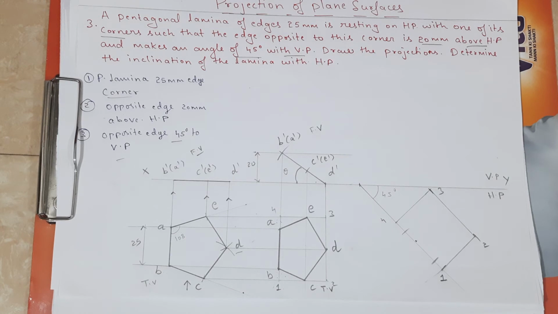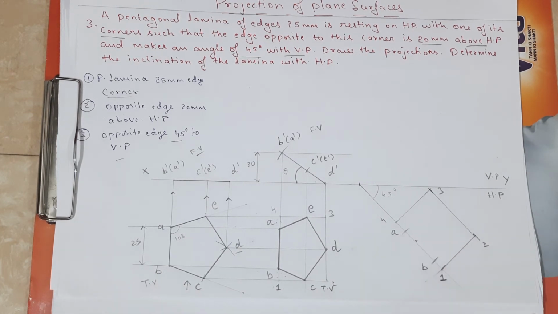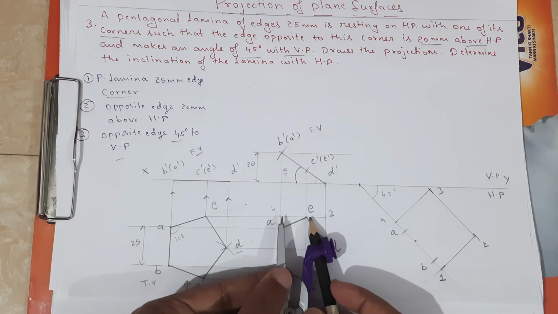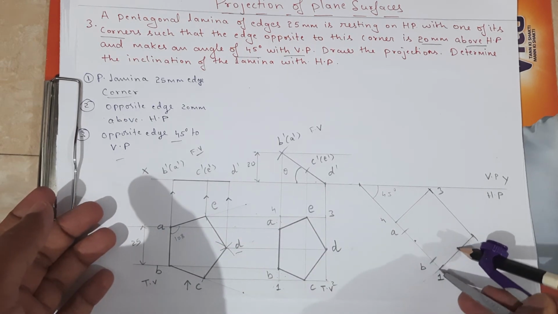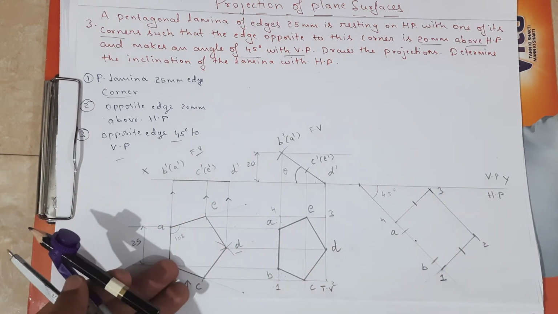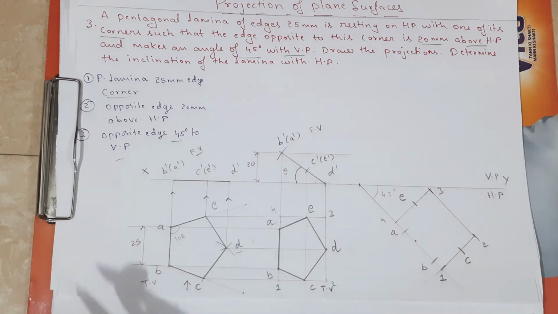Okay, so this one is A and this one is B. Next one, take a distance from 1 to C. It will be the same from 4 to E. So this one is corner C, this is corner E.